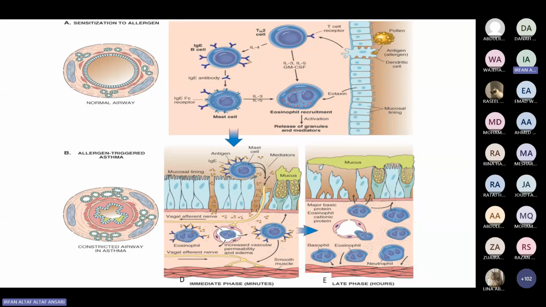The IgE immunoglobulin will bind to these cells, and those cells will produce various cytokines like interleukin 3, interleukin 4 and 5. They will bring in the eosinophils with the help of IL-3, IL-5 and granulocyte-monocyte colony stimulating factor. These eosinophils will come, bring more and more eosinophils, and release the mediators.